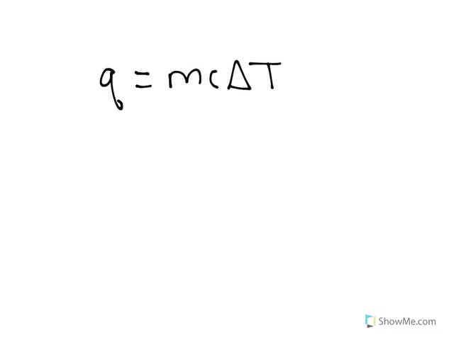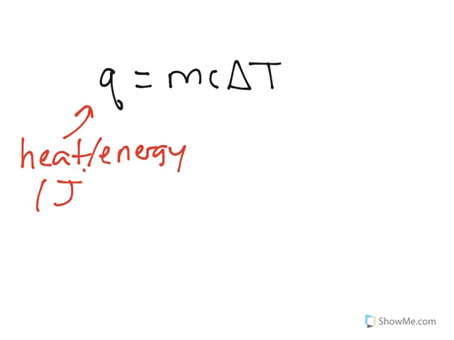So this specific heat capacity is very useful in this equation here, where Q equals mc delta T. And what this is, Q is the heat or the energy being put in or taken from a substance. And again, that's measured in joules. M is the mass of the substance, measured in grams.